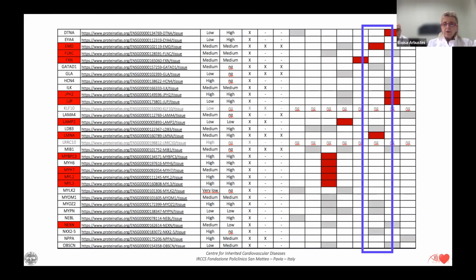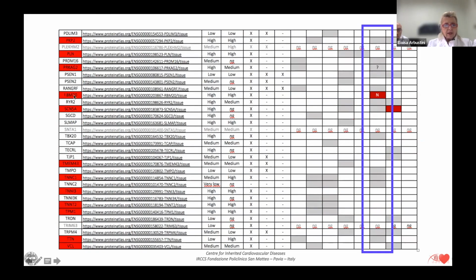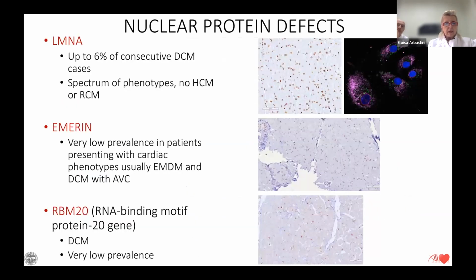Here we first see one of the proteins typically expressed at the nuclear level, which is emerin, and the second protein typically expressed at the nuclear level, which is lamin. Let's see the last one, and we'll find RBM20, which is again typically expressed at the nuclear level in the myocardium.